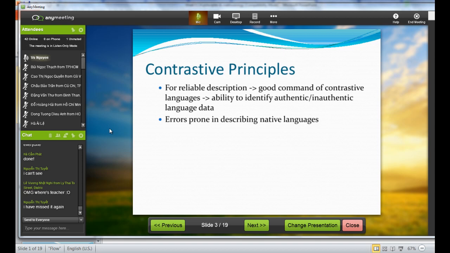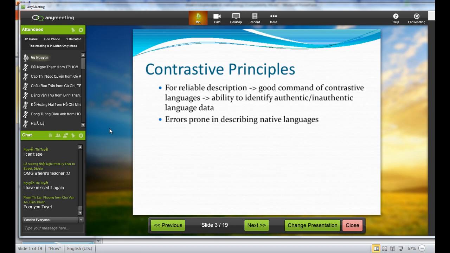This is important because only with good command of the language can you identify authentic or inauthentic language data, and that's why in our class I ask you to show me evidence of your command of the language pairs that you plan to work with.